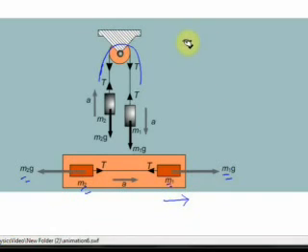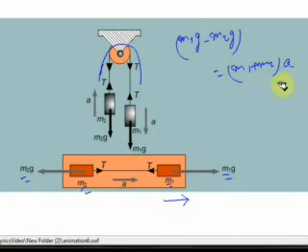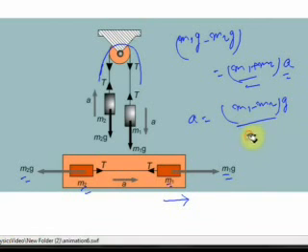We can write the equation of motion: m1g minus m2g, this is the net force, should be equal to (m1 plus m2) a, because this is the total mass of the system and this is the acceleration of the system. So a is equal to (m1 minus m2) g by (m1 plus m2). This is the acceleration with which the block of mass m1 will come down and the block of mass m2 will go up.